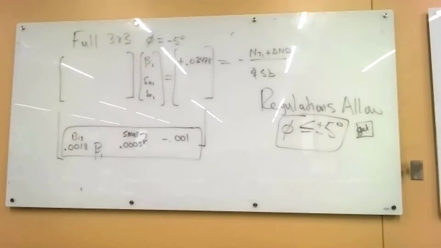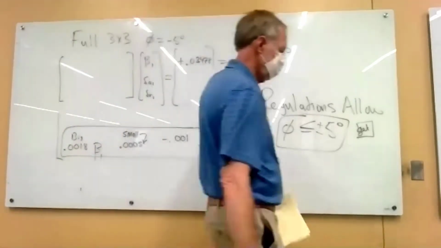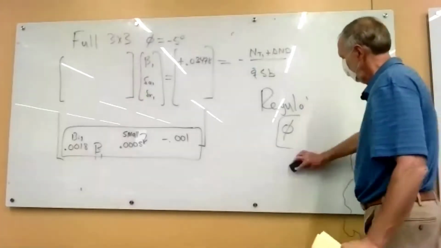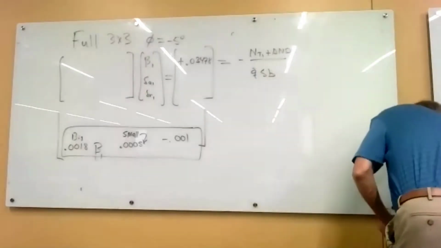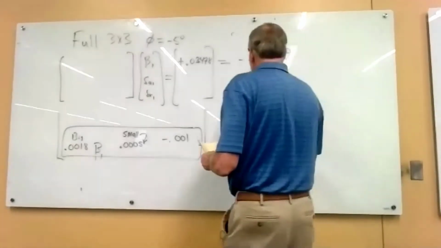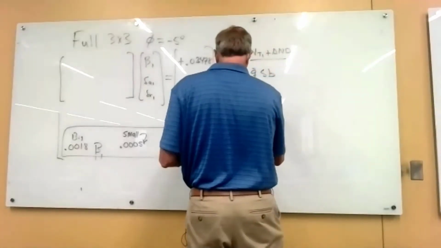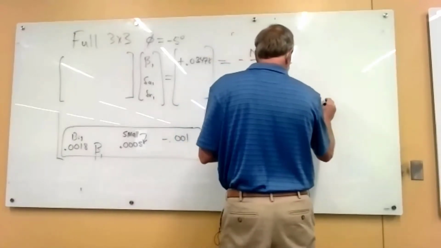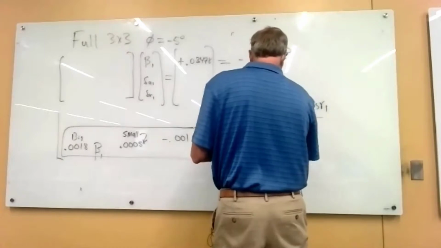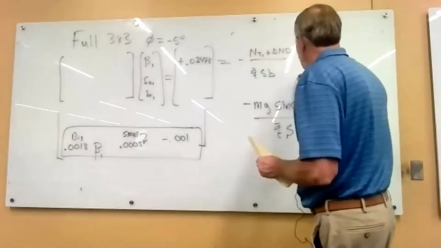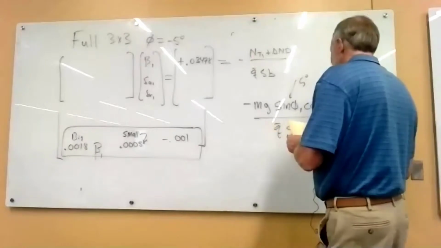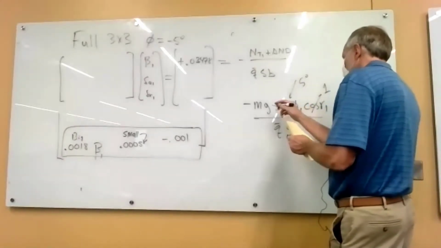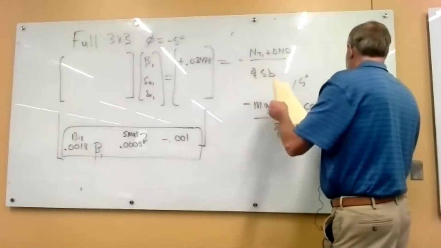Let's go ahead and calculate it. So this is that term that's minus mg sine phi cosine gamma over q bar s. If you plug in 5 degrees, convert it to radians, take the sine, we're still flying level. Plug in mg and q bar s, you get that number that I've listed up there.